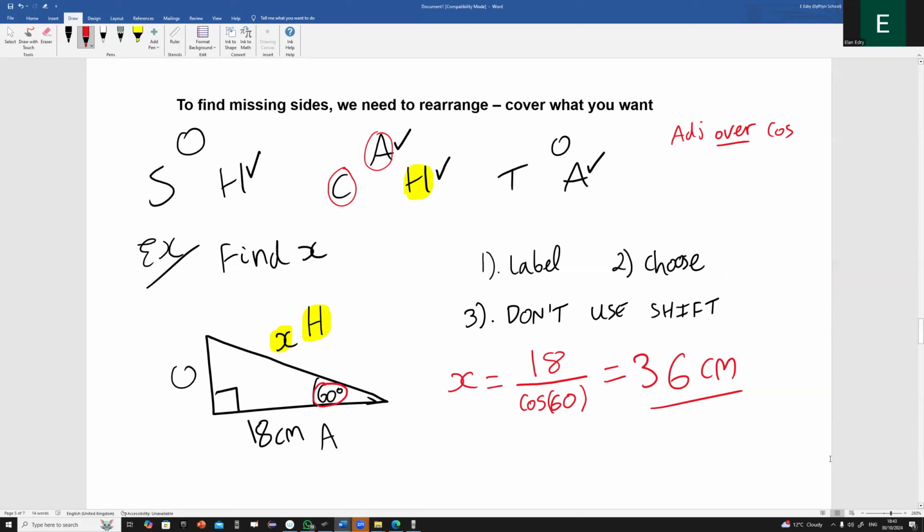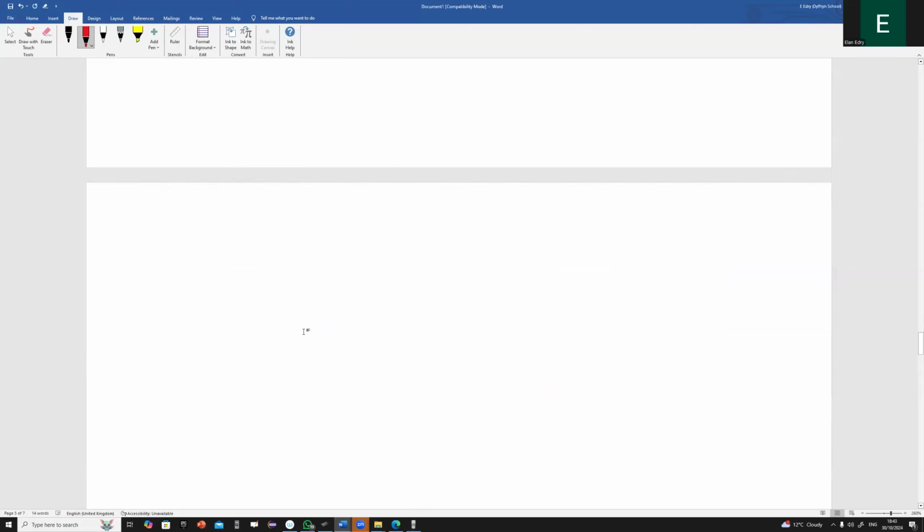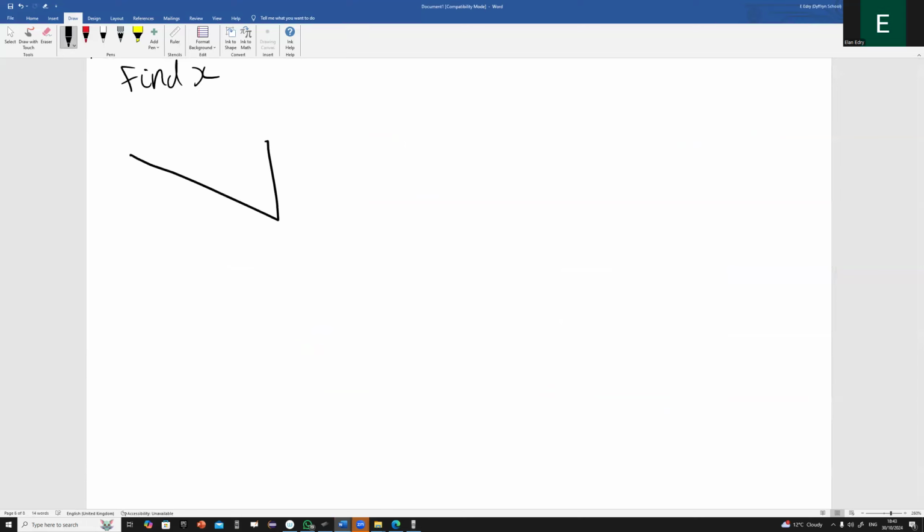Right, let's practice it. So we'll do another example, and then I'll give you a few on the whiteboards to do. So we'll do this one. Right, so this time we're going to find x. If we label this triangle, what is the hypotenuse?